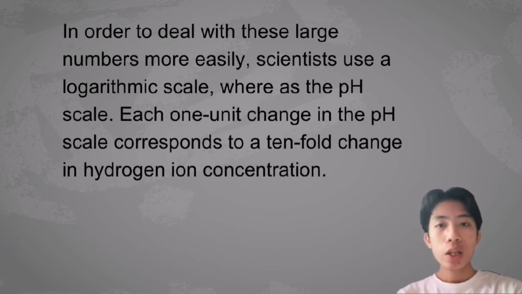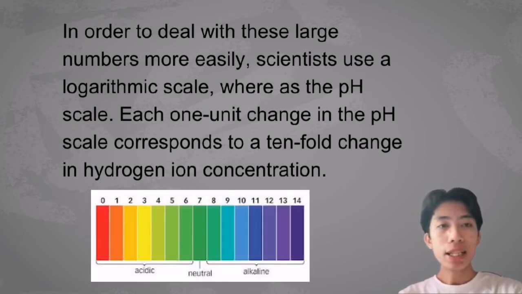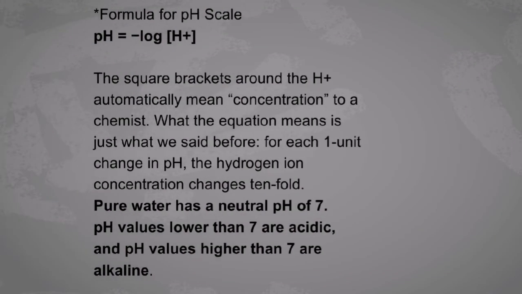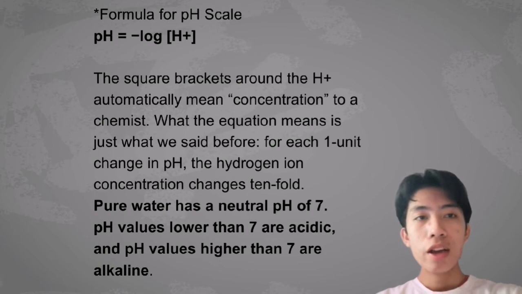In order to deal with these large numbers more easily, scientists use a logarithmic scale, the pH scale. Each 1 unit change in pH corresponds to a 10-fold change in hydrogen ion concentration. The square brackets around the H+ automatically mean concentration to a chemist.